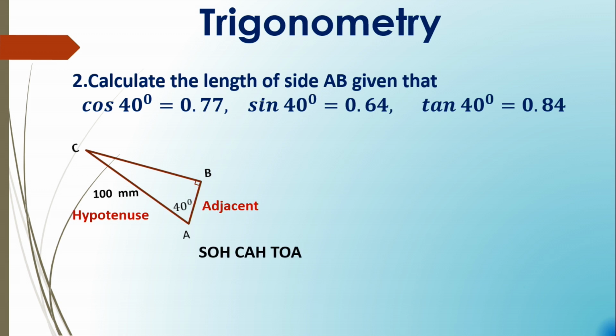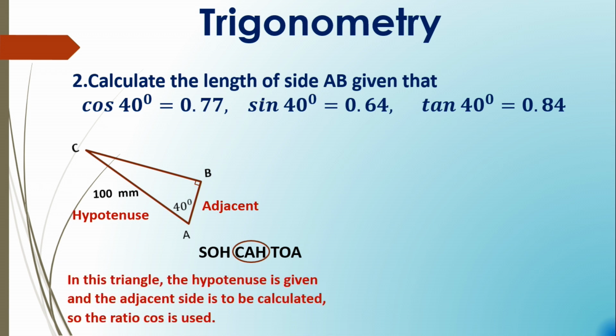Remembering the acronym SOHCAHTOA, you will notice that for this question, you are going to use cos, that is CAH, which stands for adjacent over hypotenuse. In this triangle, the hypotenuse is given and the adjacent is to be calculated. The ratio cos is used. Cos equal to adjacent over hypotenuse.